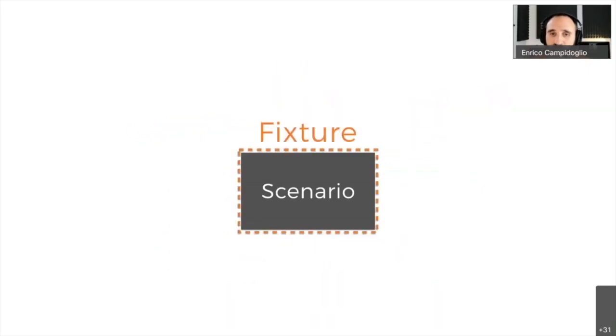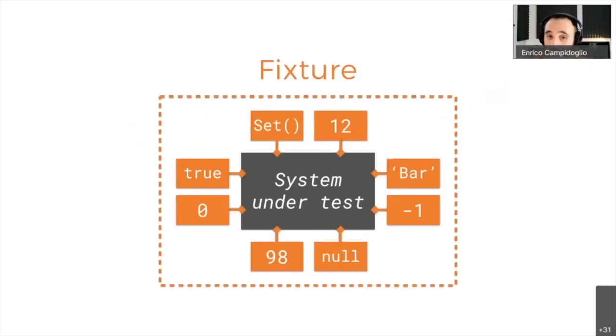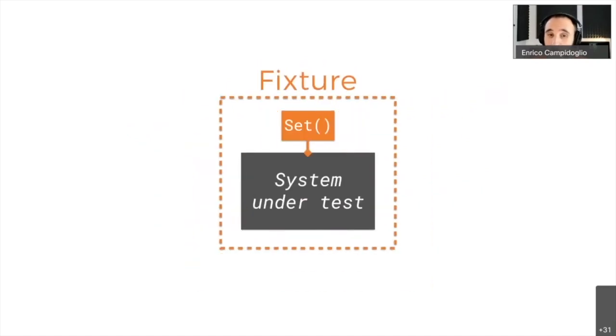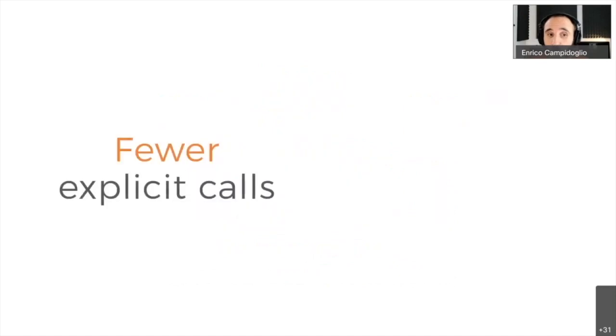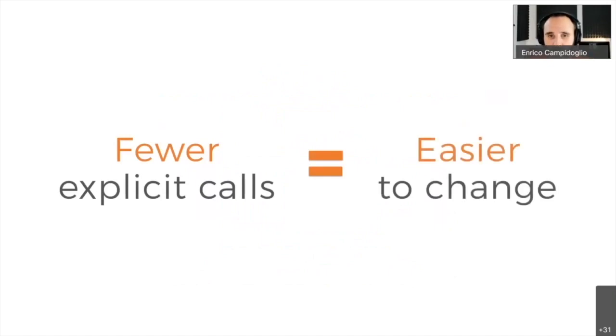We don't want to create anything more than what is necessary. In other words, we want to reduce the amount of calls that we make onto our system under test, thus reducing coupling and duplication. Because the fewer explicit calls you make onto your system under test, the easier it's going to be to change.